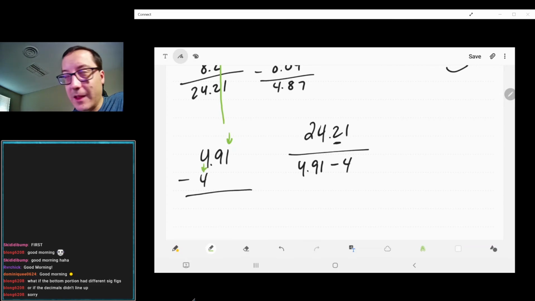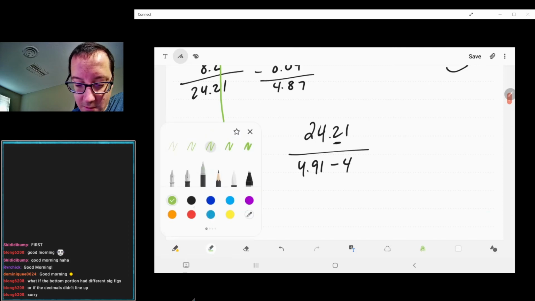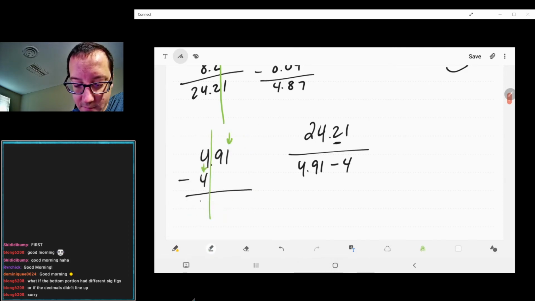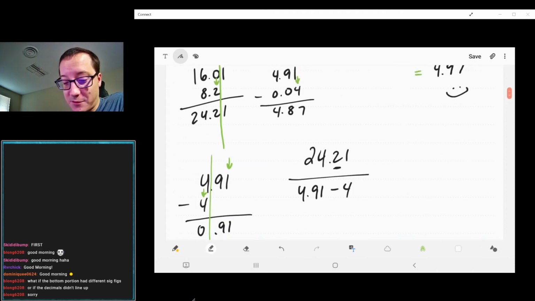Well, I mean, they line up, but I think this is what you meant. Oh dear, this is actually going to be a problem. No, it's not. I mean, it's kind of a problem. We have 0 sig figs, but I don't want to say our leading 0 is significant there because they shouldn't be. But this number will have 1 sig fig. Let's just leave it at that, perhaps. Kind of a disaster of a problem there.